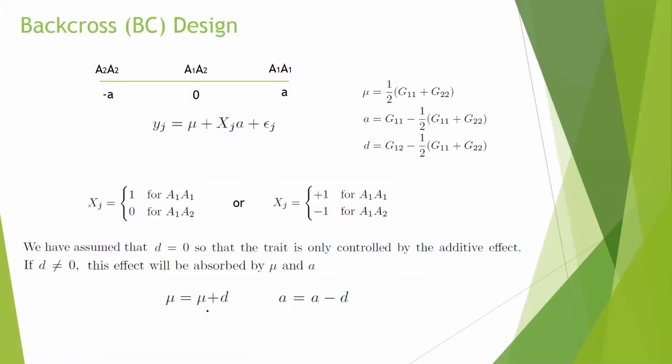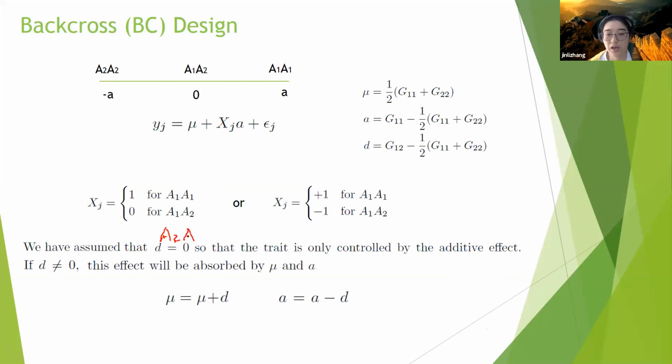refresh this slide. Okay, so as you can see, for example, in this backcross design, we are missing the value from this genotype, right? So we don't have the quantitative value for G22. That's right.